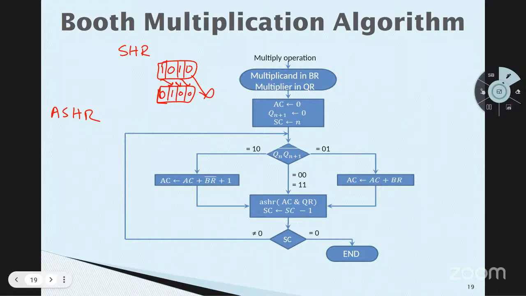And next, ASHR means, here also same, rotation. 1 0 1 0. Okay, same 1 0 1. The 0 can be removed. In arithmetic shift right operation, for example if this is a negative number, we take 1, that 1 can be placed here.